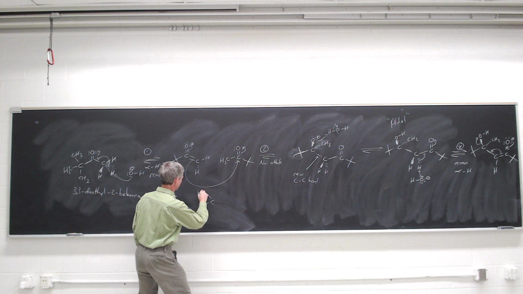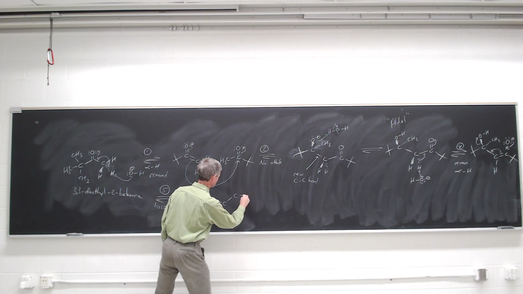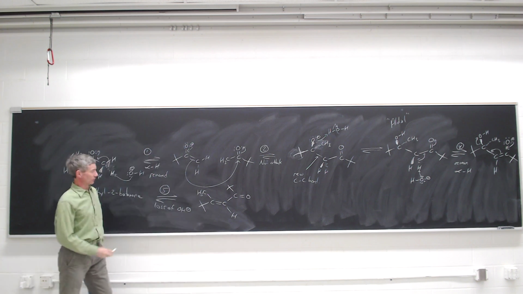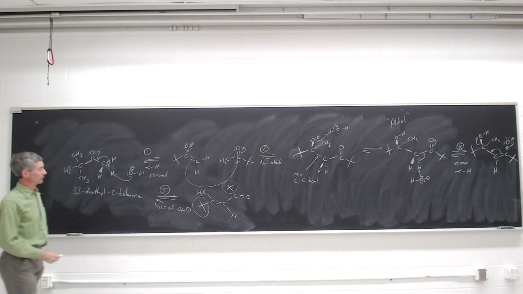And again, we would expect to get the more stable E isomer with the bulky two butyl groups being kept as far away from each other as possible.